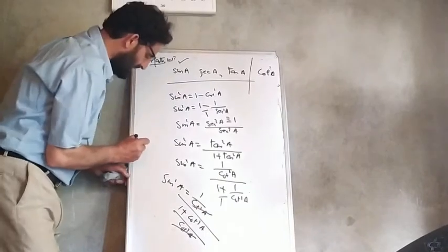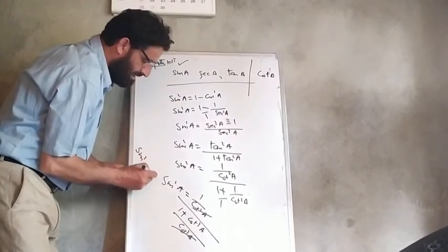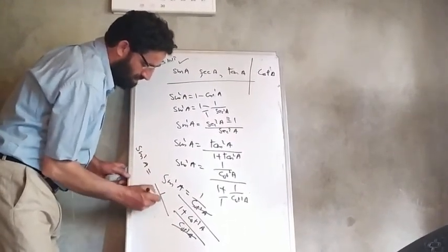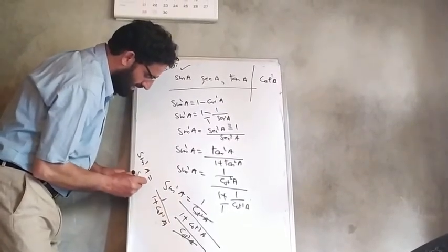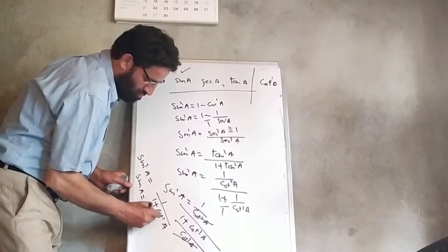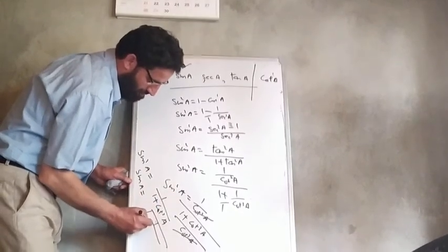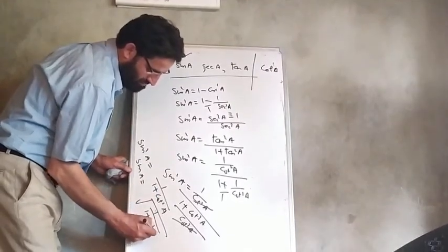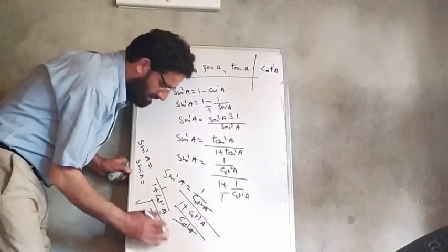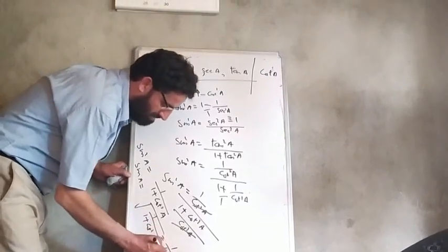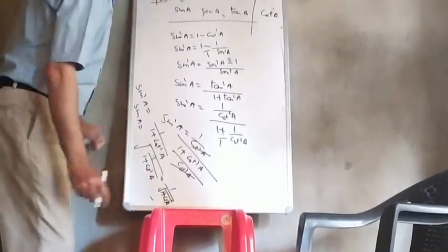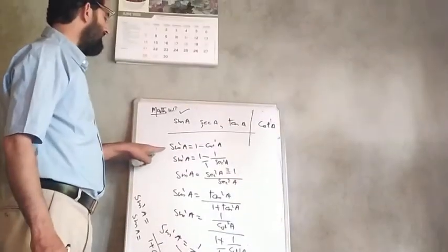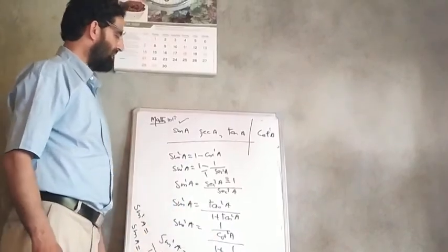We are left with sin square A is equivalent to 1 divided by 1 plus cot square A, or you can write sin A is equivalent to under root of 1 divided by 1 plus cot square A. 1 is a perfect square, so you can write 1 divided by under root of 1 plus cot square A. So this is the conversion of sin A in terms of cot A.